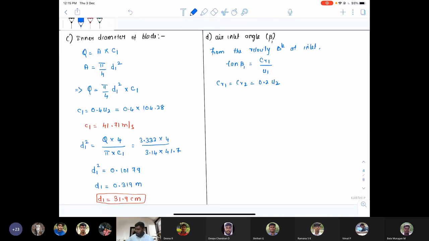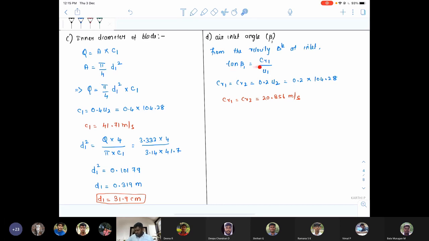We know the value of U2, and by substituting it, you can find the value of CR1 and CR2. The value of U2 is 104.28, and on substituting, you will be getting CR1 equal to CR2 equal to 20.856 meter per second. So the relative velocity at the inlet and the outlet will be equal to 20.856.